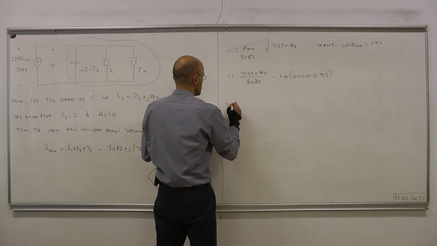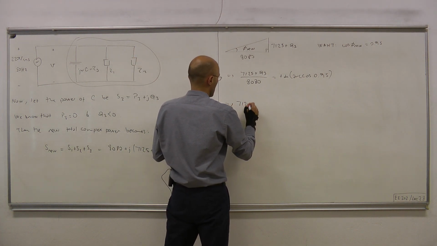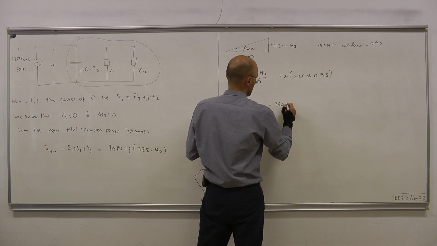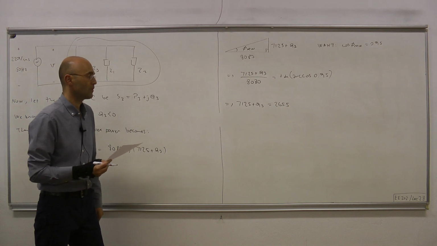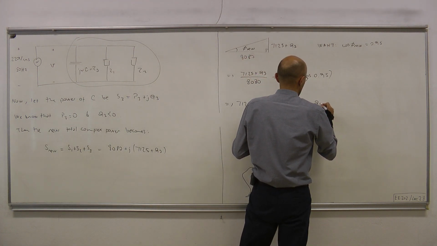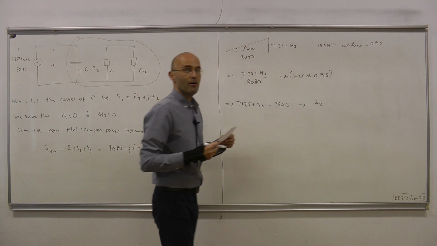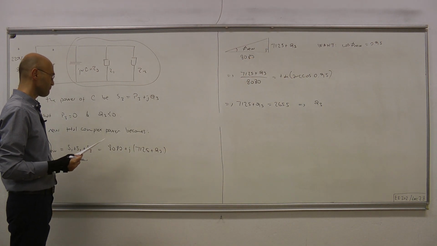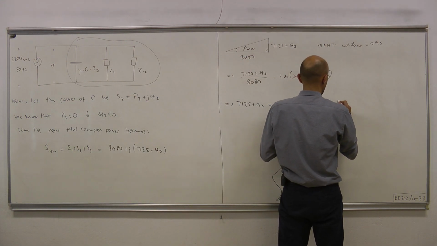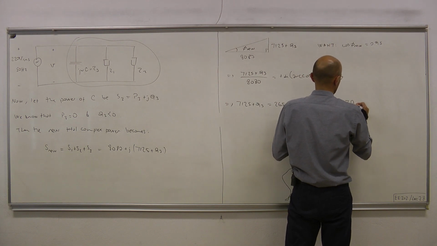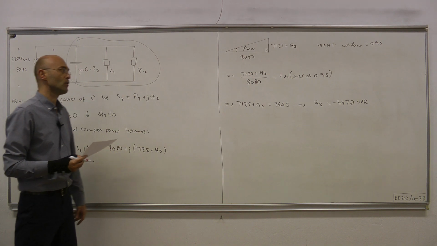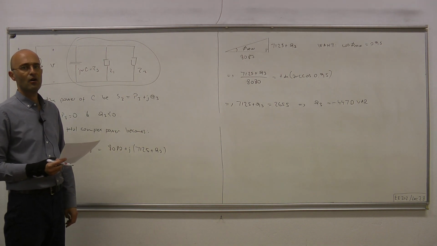This can be computed to equal 2655. Hence Q3, the reactive power associated to our capacitor, reads minus 4470 volt amp R. So that's the var rating of our capacitor.